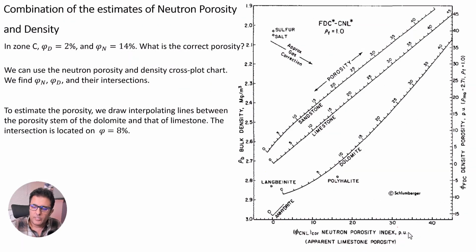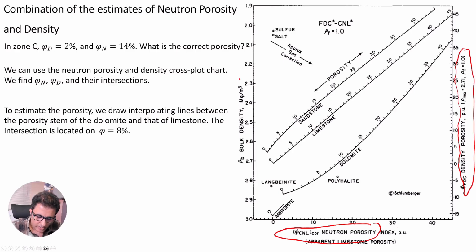There is a chart that has been developed by Schlumberger, as you see here, and over the horizontal axis, you see the values of the neutron porosity. And here you see over the vertical axis on the right side, you have the value of density porosity, and on the left side, you have the bulk density. So what it means is that it doesn't matter if the values of the density have been converted to the porosity or not, you can use this chart.